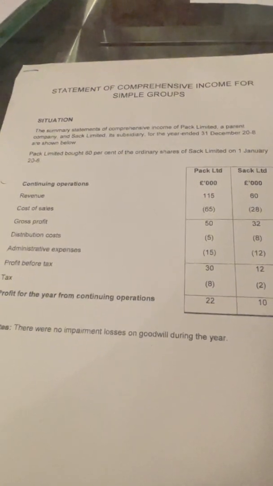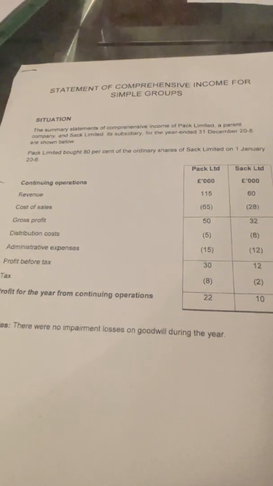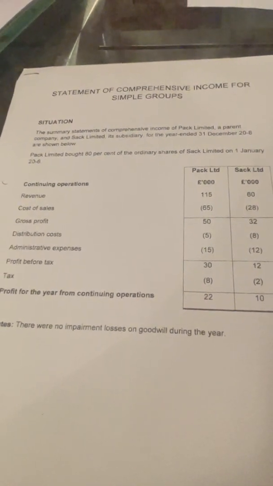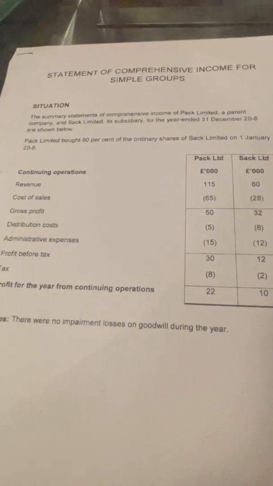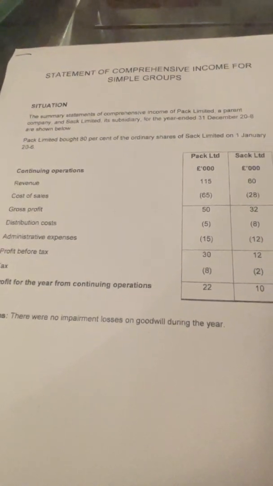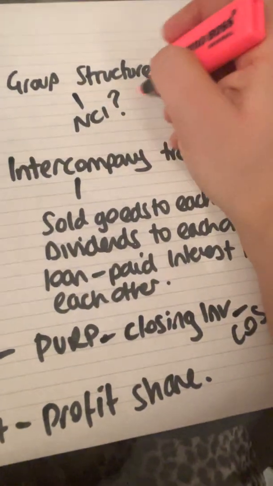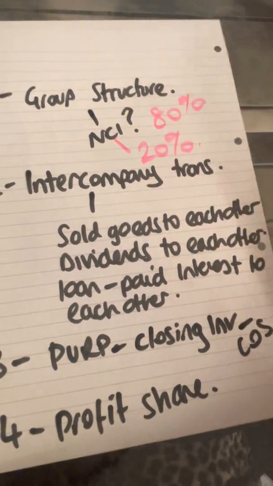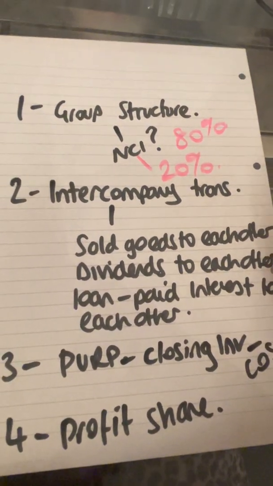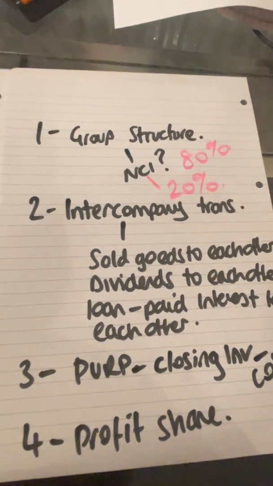So straight away we've been told that they bought 80%. So we know for our working 1 that we have 80% ownership, which means we have an NCI of 20%. Yes, we do have an NCI of 20%.